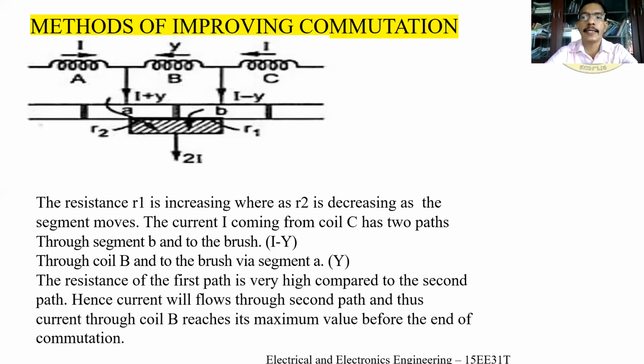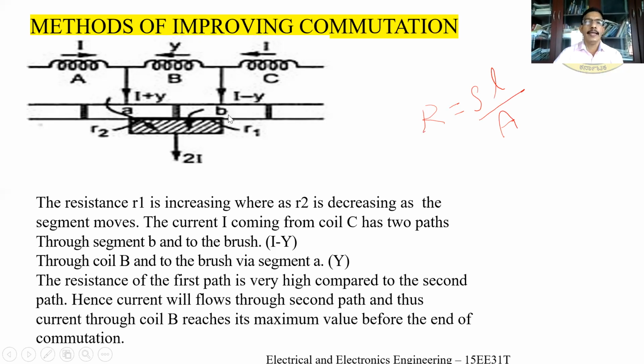You already studied the formula for resistance, R equal to rho L by A, where rho is the resistivity, L is the length in meters, A is the area of cross section. That means the more the area, the less the resistance. The lesser the area, the more the resistance.